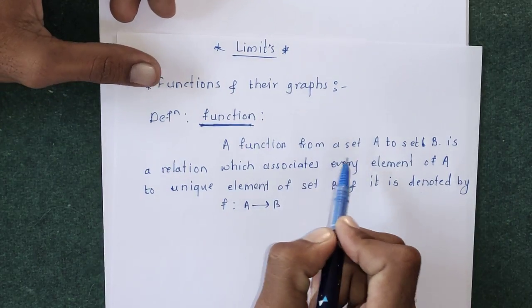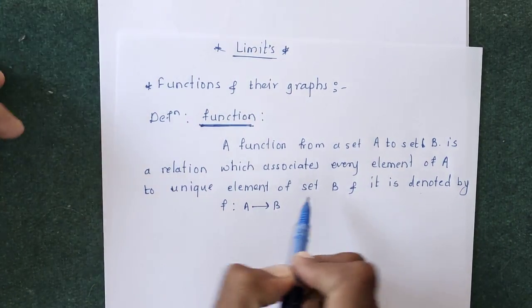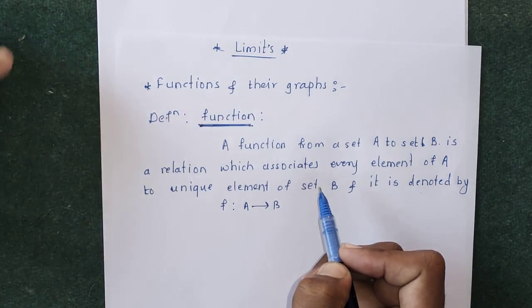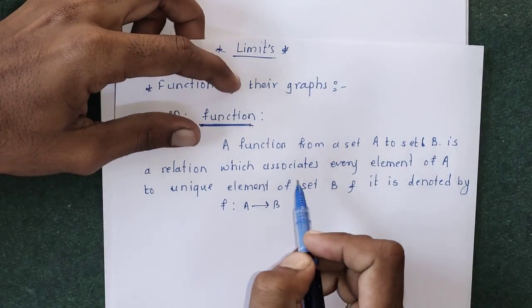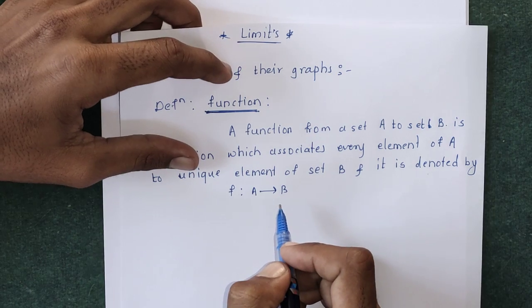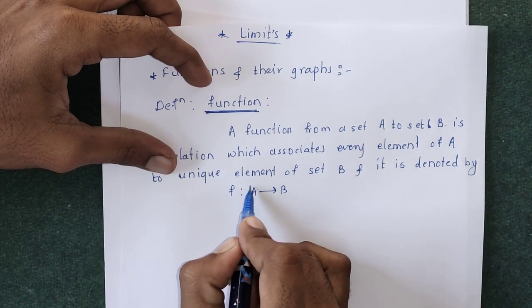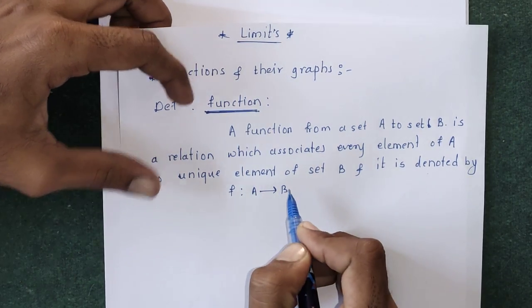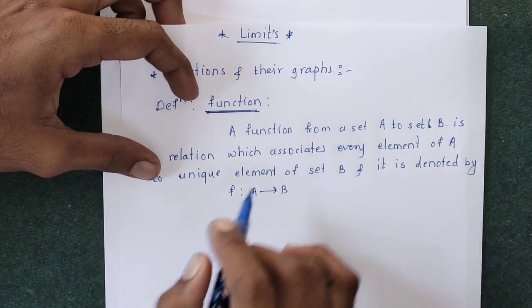A function from a set A to set B is a relation which associates every element of set A to a unique element of set B, and it is denoted by f from A to B. Here this first set is called domain, while the second set is called codomain of the function.